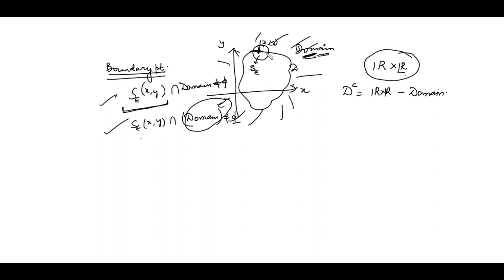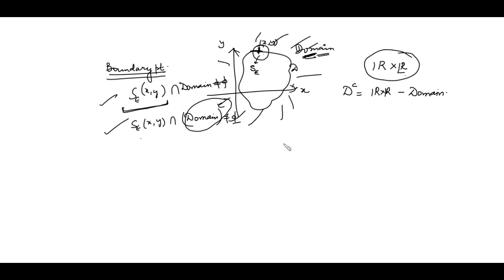So this point is said to be a boundary point if you consider any open neighborhood around this point and its intersection with the domain as well as with the domain complement is non-empty, meaning at least one point lies in each intersection. So this point is the boundary point.